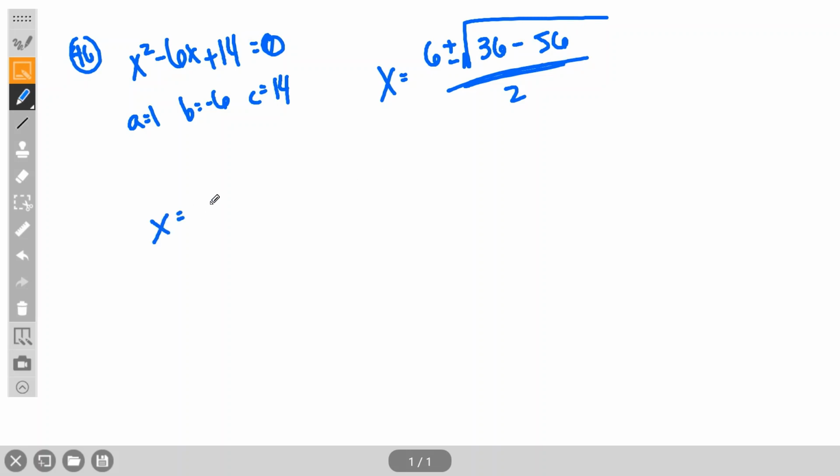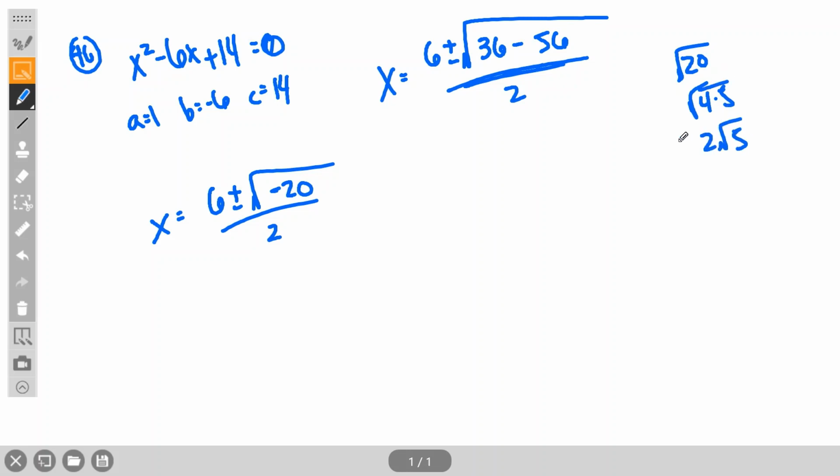Alright, so that simplifies to 6 plus or minus the square root of whatever 36 minus 56 is, so that's negative 20, all over 2. Remember, the square root of 20 simplifies to 4 times 5, which is 2 root 5.